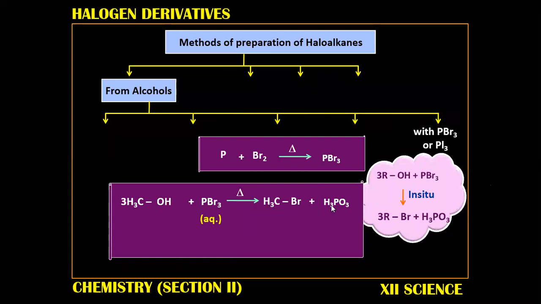Methyl bromide and H3PO3. Write the common name and IUPAC name on both sides. Methyl alcohol, methanol. Methyl bromide, bromomethane.